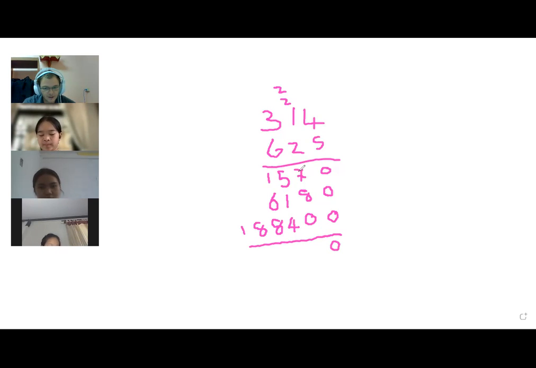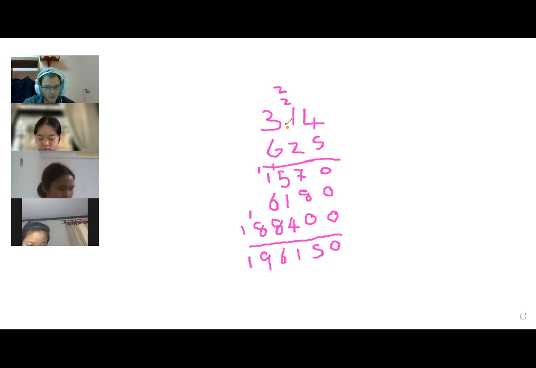So a line. 7 plus 8 equals 15. Carry the 1. 5 plus 5 equals 10 plus 1 is 11. Carry the 1. 2 plus 8 equals 10 plus 6 equals 16. Carry the 1 equals 19. So now that we've finished, let's add back our decimal points.